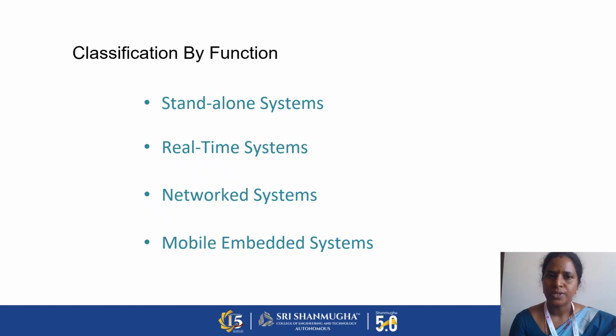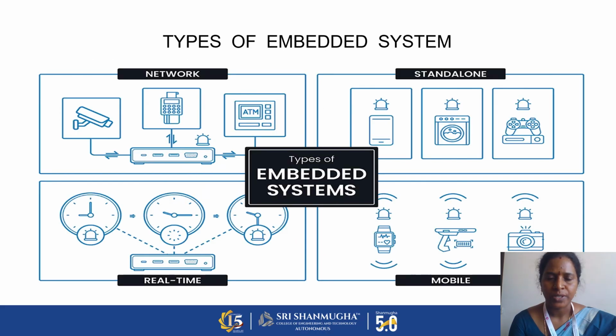And the classification by function is standalone system, real-time system, networked system and mobile embedded system. Now we deeply explain the classification of the system, that is, the types of embedded system.